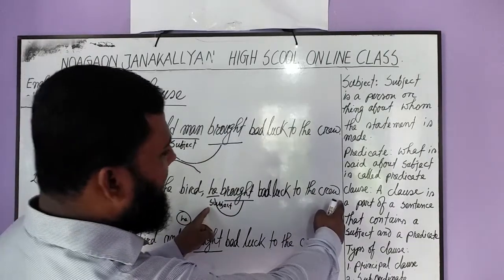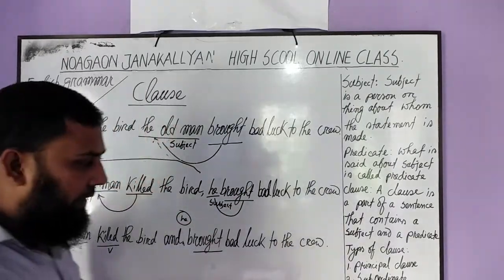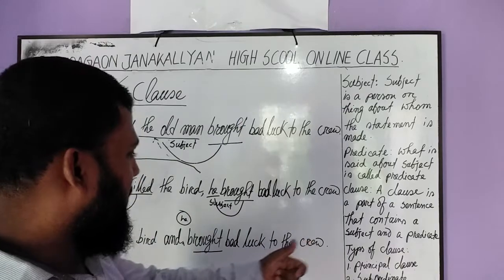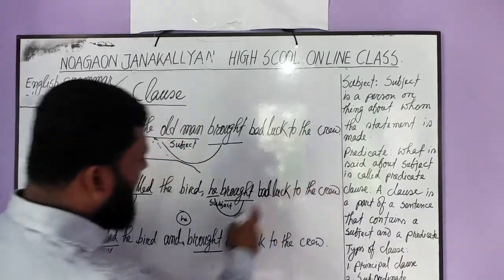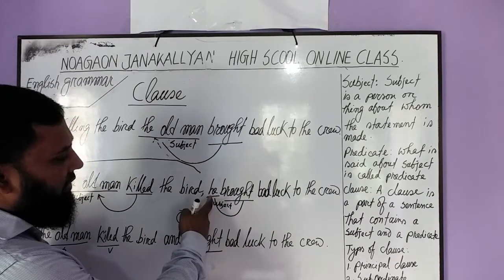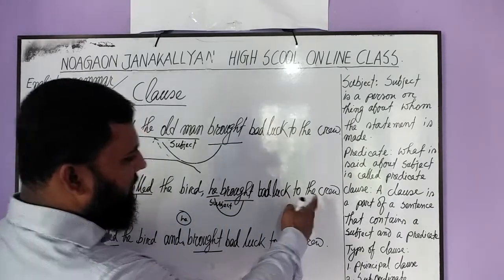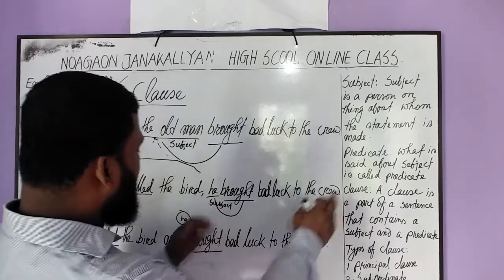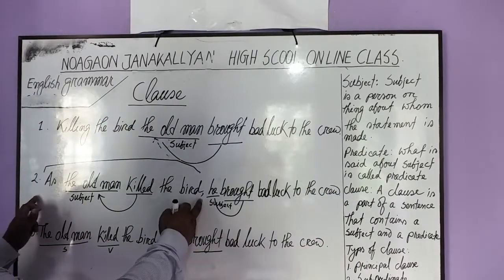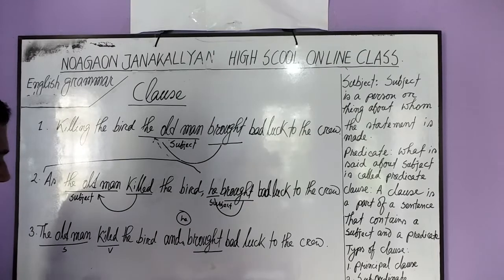Again, this part is a clause. According to the definition of clause, we see that in this second part there is a subject and a predicate. So it's a part of a sentence and it's a clause.